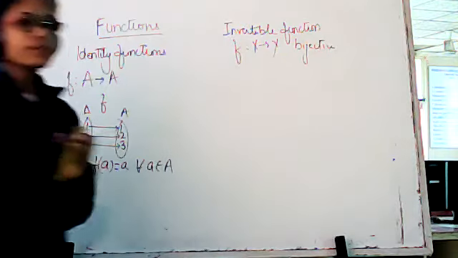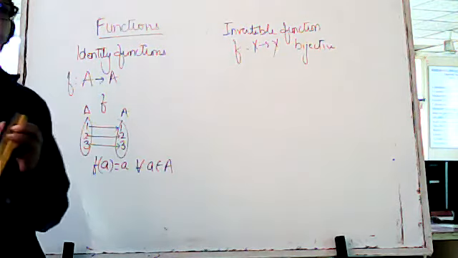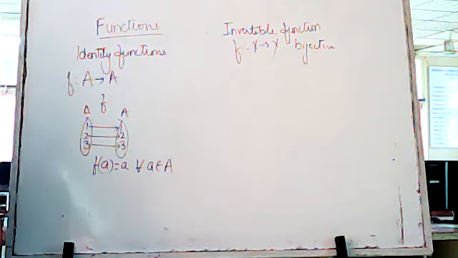If f is bijective, that is, if f is 1-1 and onto.